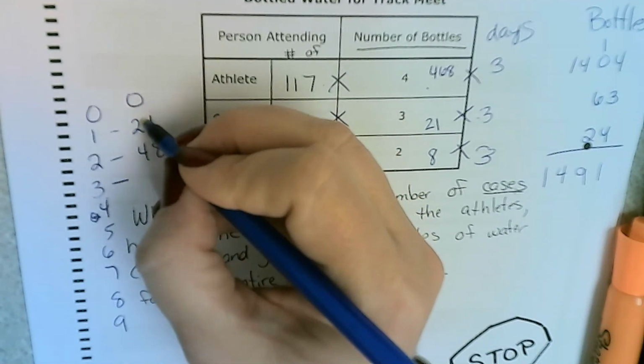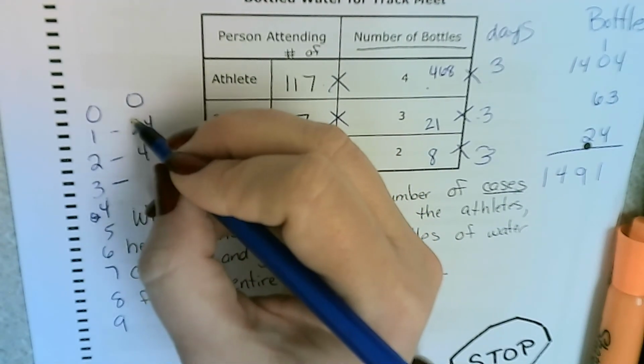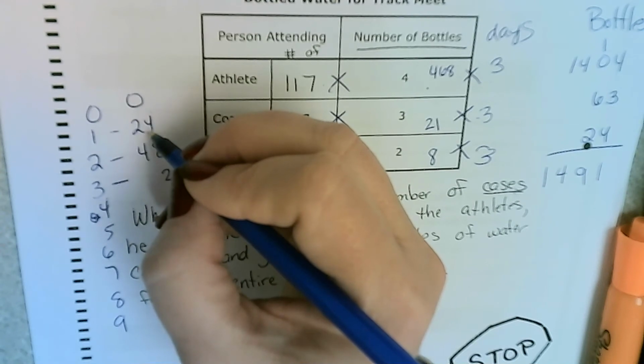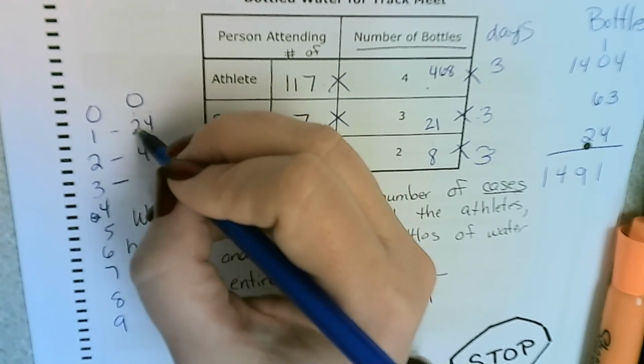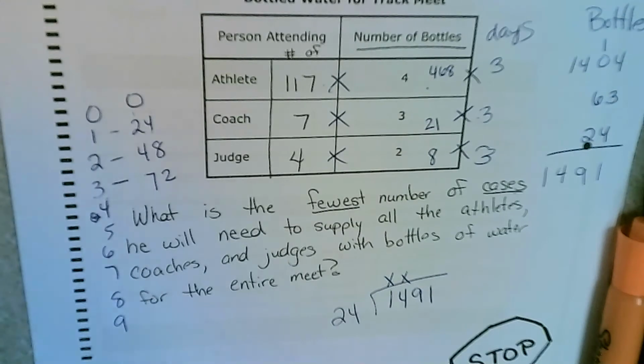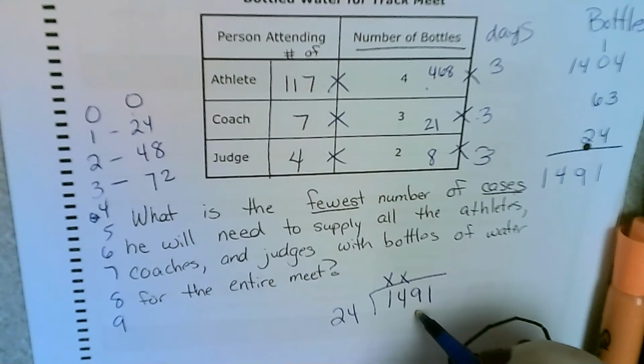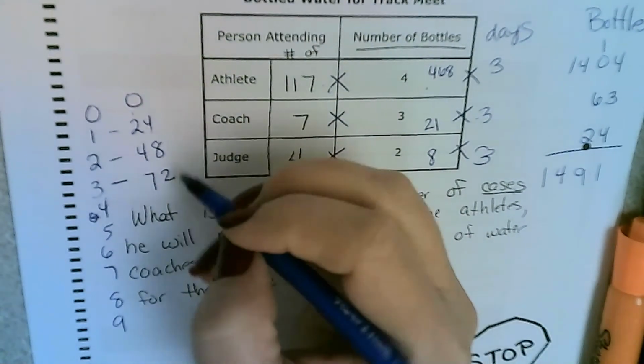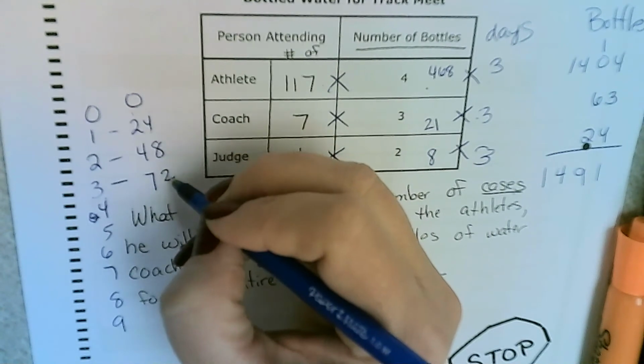8, 9, 10, 11, 12. 5, 6, 7. All right. Okay, so 72 is close, but I'm not sure if it's close enough, so I'm going to do 24 more.